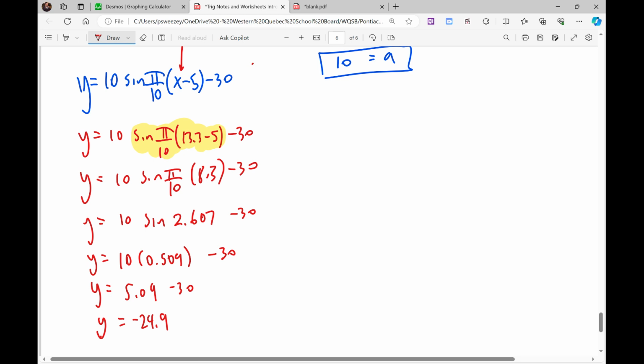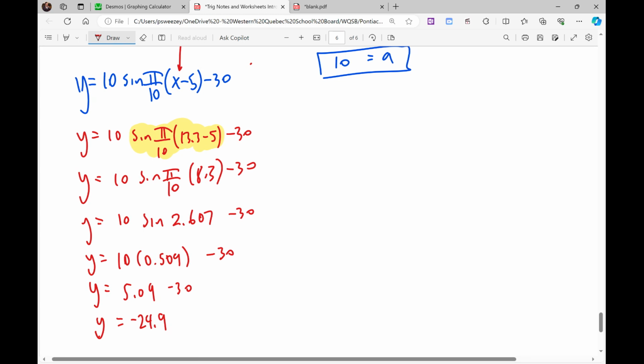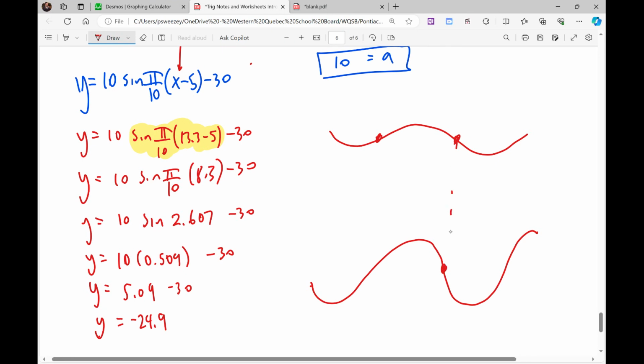Now let's go back up to the two functions, looking something like this. This isn't perfect at all. I think it was on this side of it, right here. This one had a y value of negative 6.25, and this one has a y value of negative 24.9.